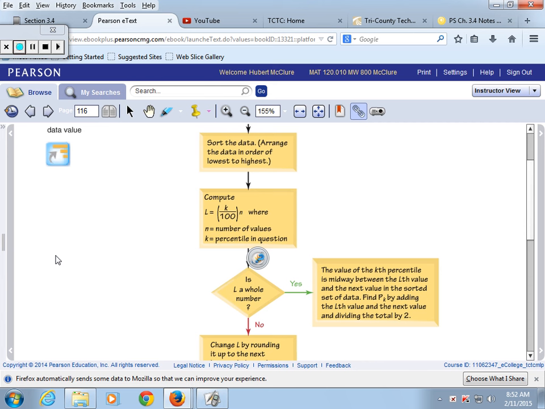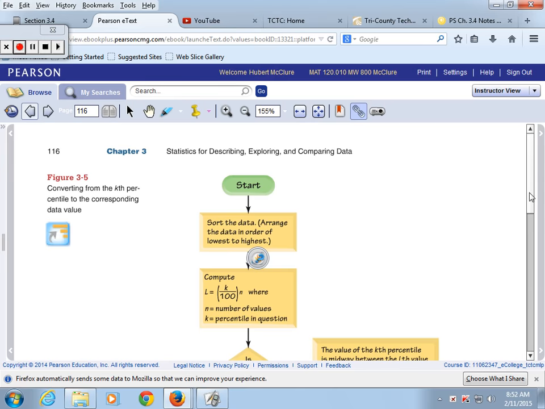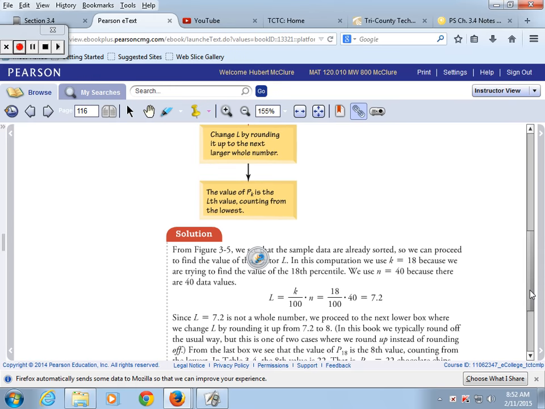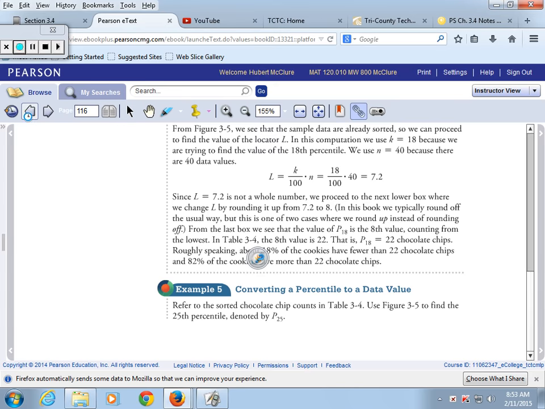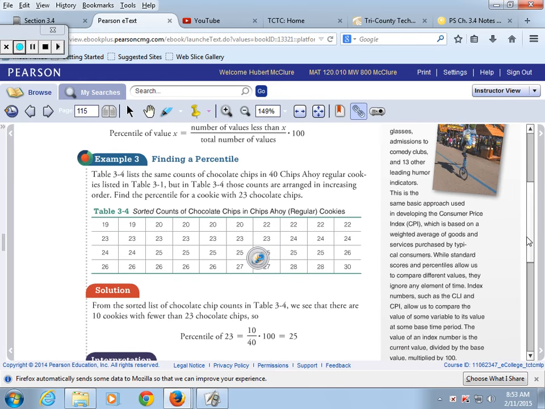Okay, they give us a table and they say that they want to know the 18th percentile.